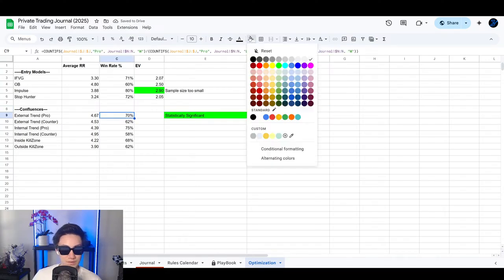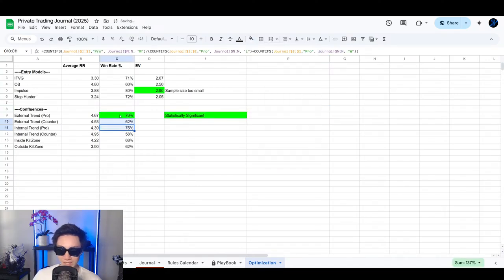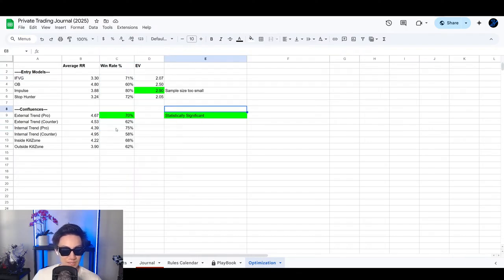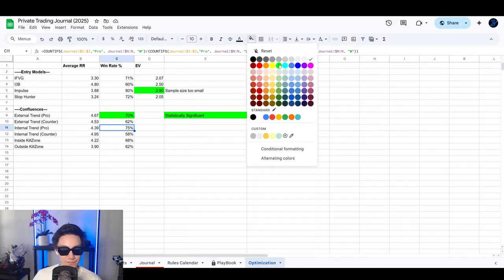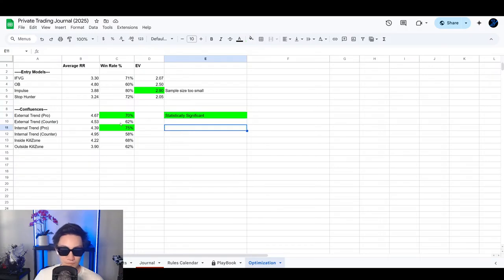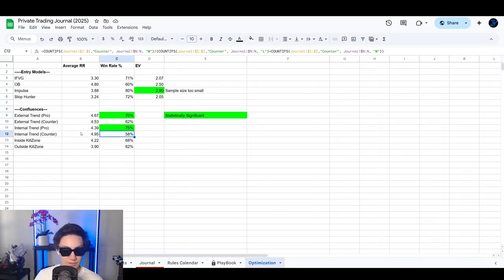So this would be significant to me. An 8 to 10% win rate difference is a big difference in EV. If you want, you can use the calculator on my website to check that out yourself with your own strategy. This is also statistically significant. It's almost a 20% win rate difference here.